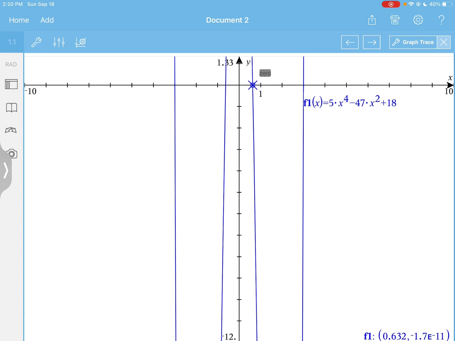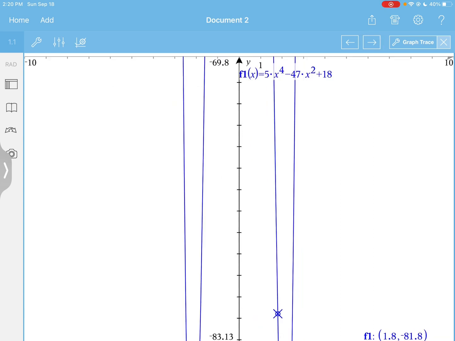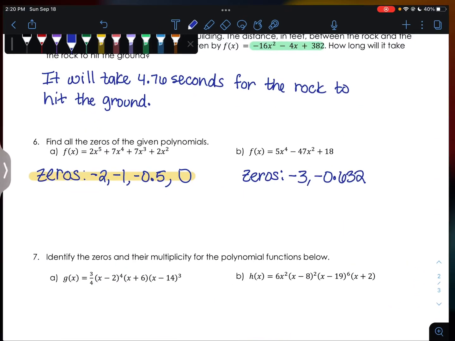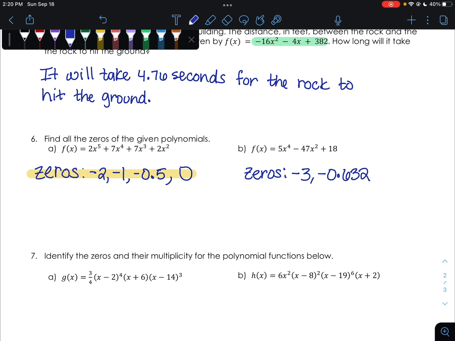Okay, and then I'm going to keep going until I get to that last one, which is a positive 3. So we have a positive 0.632 and a positive 3. So this one had 4 zeros, and notice that the degree of this polynomial is 4. Okay, so again, you can find these by graphing.